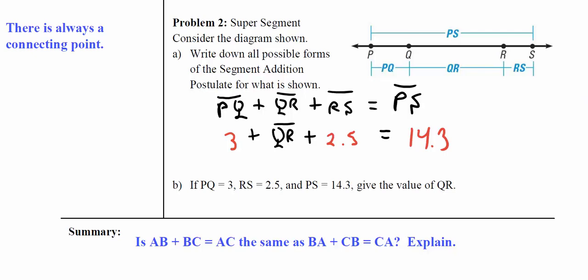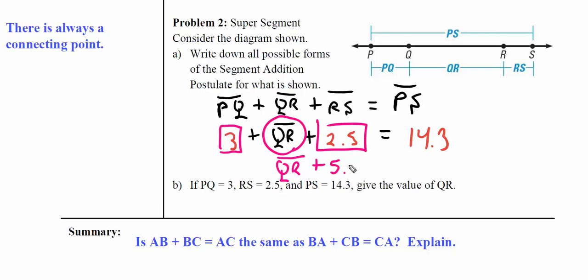So we are doing a little bit of algebra, just very little bit. Actually, this is more like pre-algebra at this point. And we're going to go ahead and combine this 3 with this 2.5. And then I want to go ahead and get the QR by itself, so I'm going to subtract 5.5 from both sides.